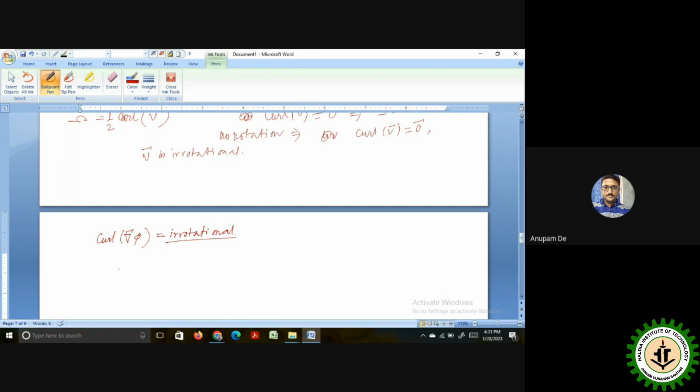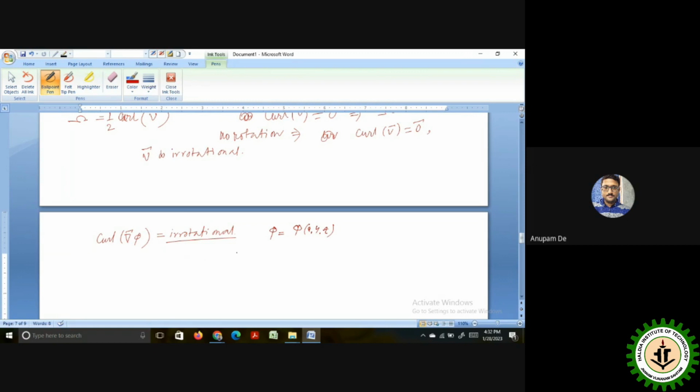And in order to check that, you may also check it in this way. Suppose you are having the function phi to be phi of x, y, z.